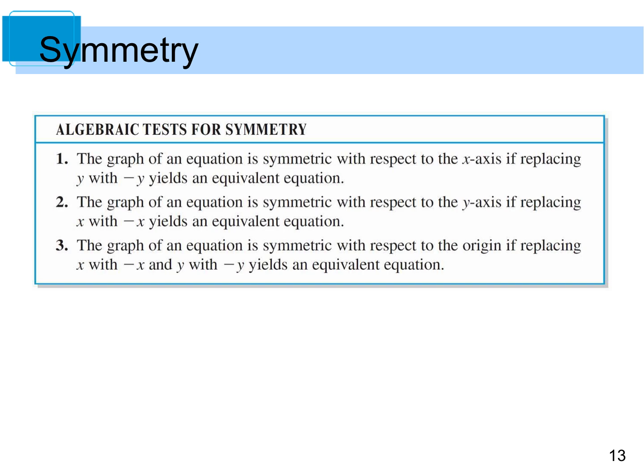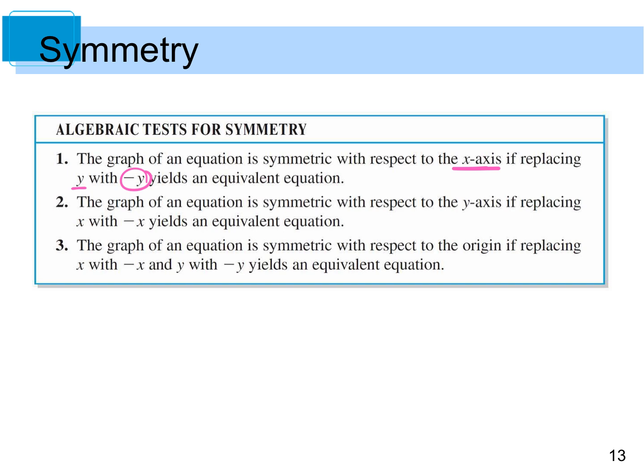We can test for symmetry algebraically. It says the graph of an equation is symmetric with respect to the x-axis if replacing y with negative y yields an equivalent equation. So if we plug in negative y for y and get the same equation, then it would be symmetric over the x-axis.